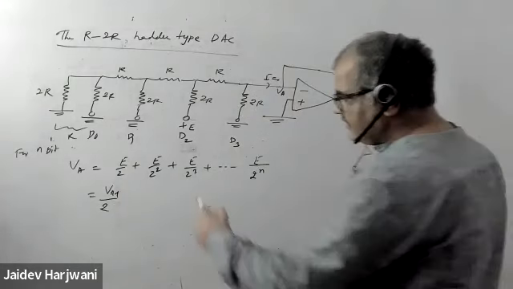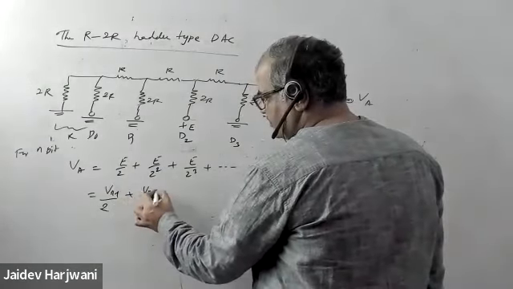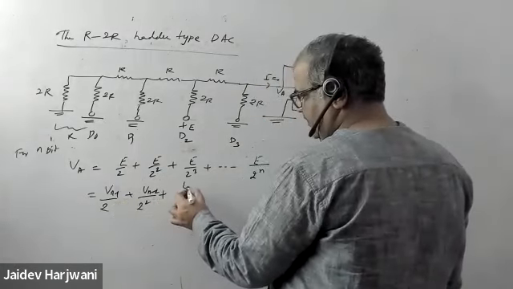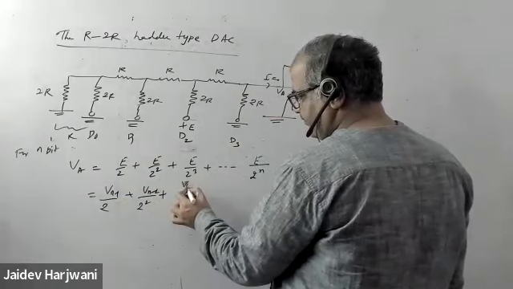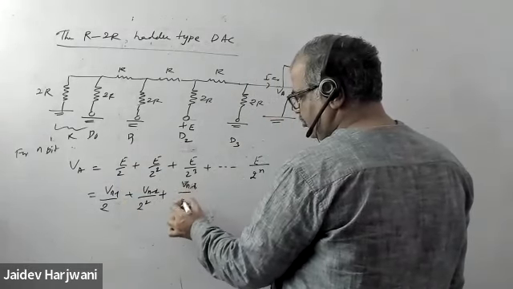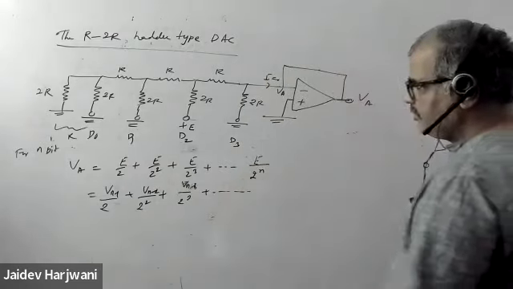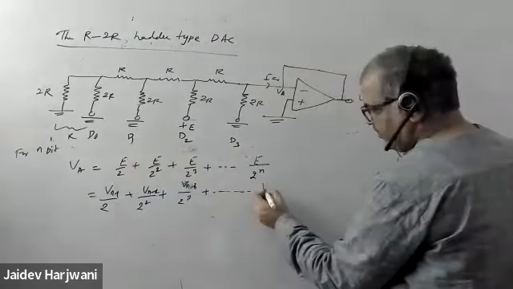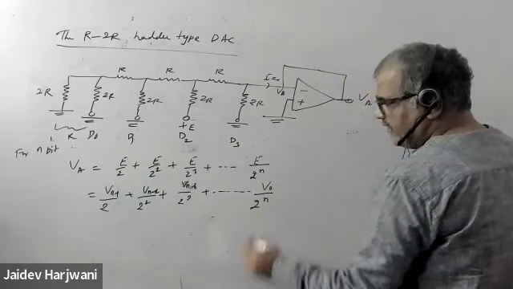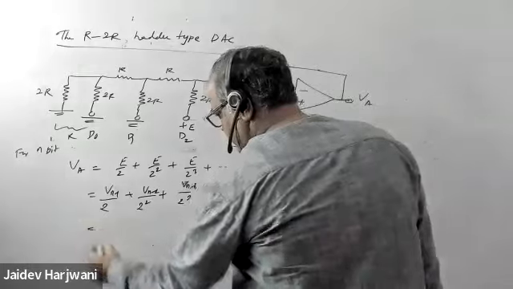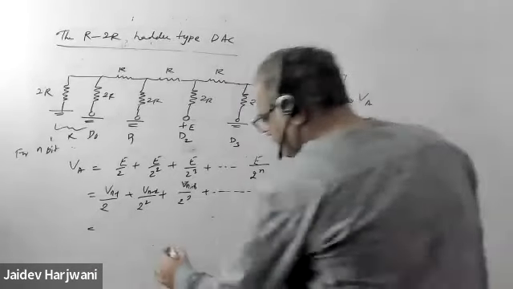Similarly, if I say this is my Vn minus 2 upon 2 power 2, and this is my Vn minus 3 and 2 power 3, and this is my last digit d0. So I'm applying voltage v0, and 2 power n here. Now let us take 2 power n common.